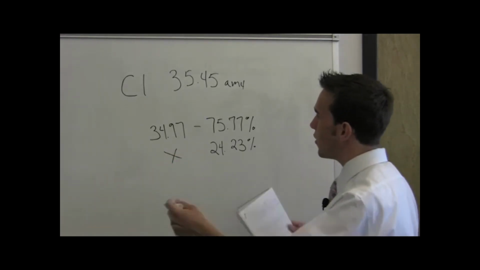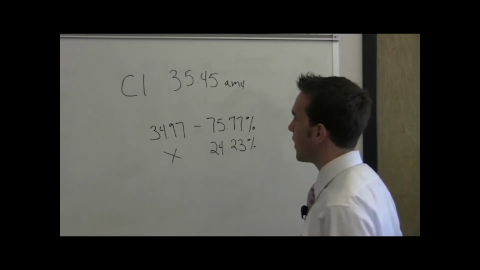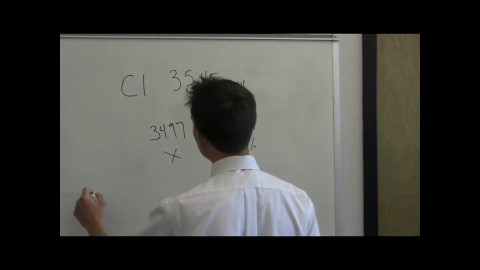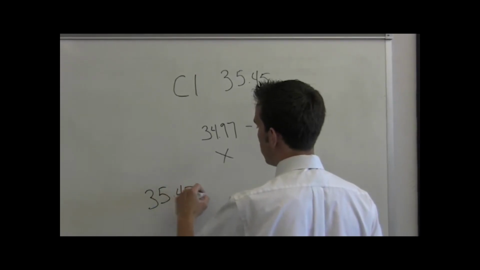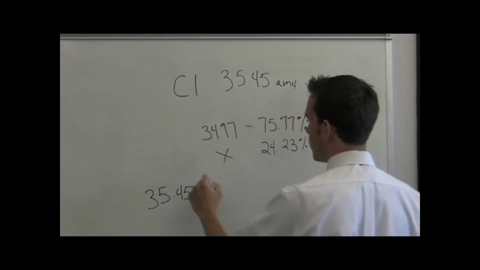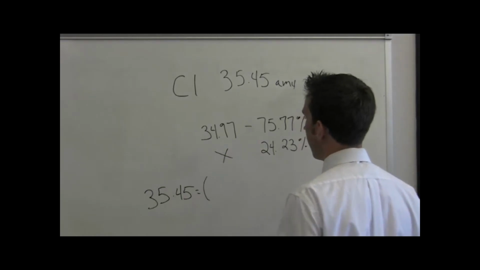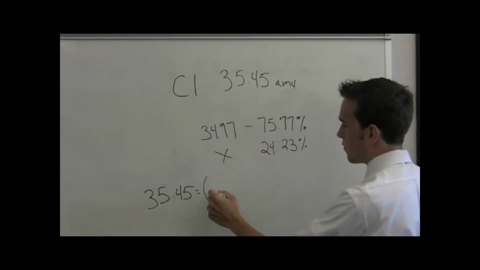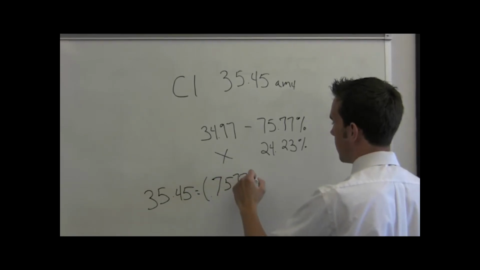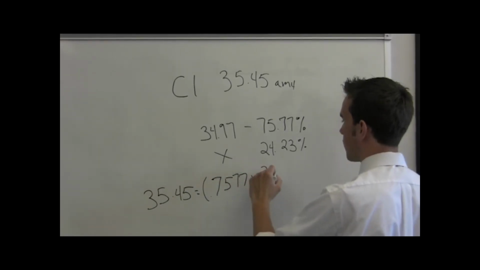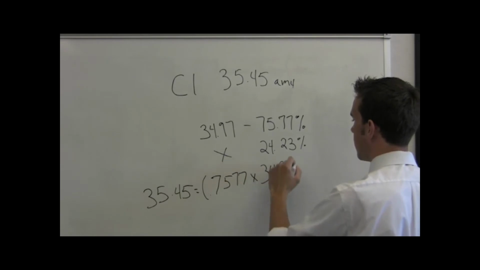We could put this into our formula that we had. The atomic mass, the 35.45, is equal to the first value, the decimal form of the percent abundance, 0.7577, times the atomic mass, 34.97.